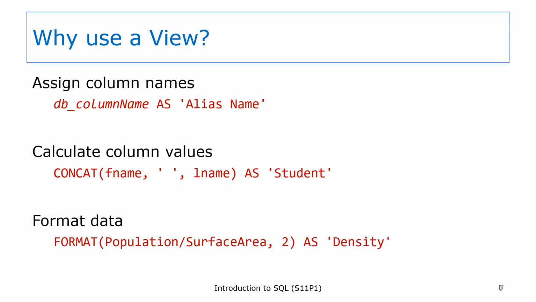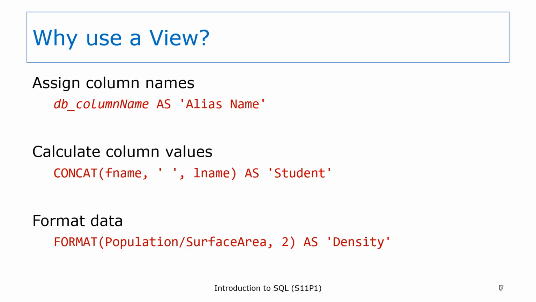The same concept applies to calculated or derived columns. This example shows a concat function to create a student name column made up of the first name, a space, and the last name. Rather than have to specify the concat function over and over again, you can put this into a view and have it defined once and for all.